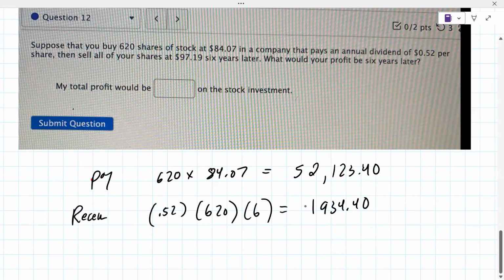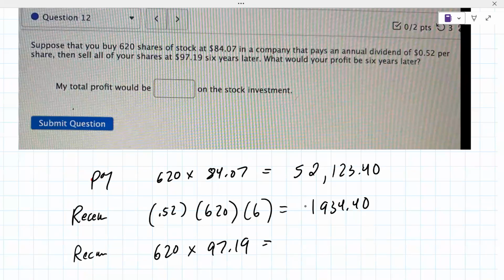All right. And then when you sell at the end, you also receive 620 shares times $97.90.